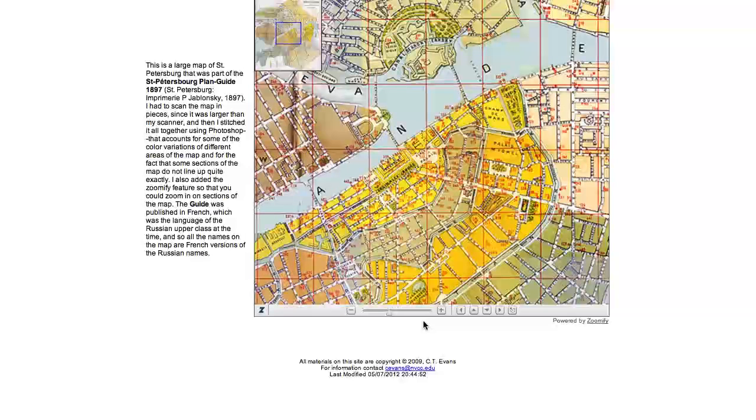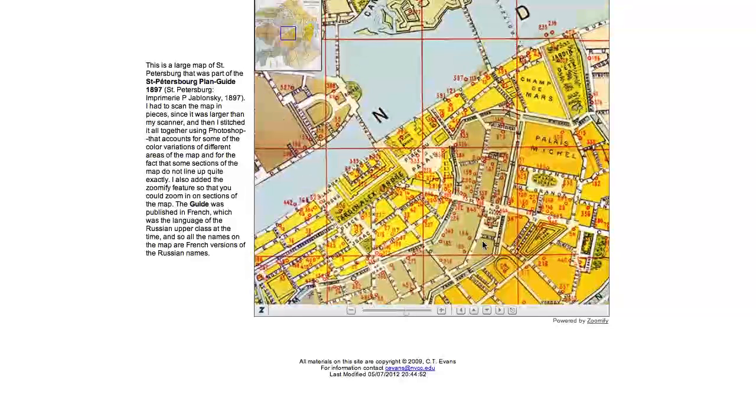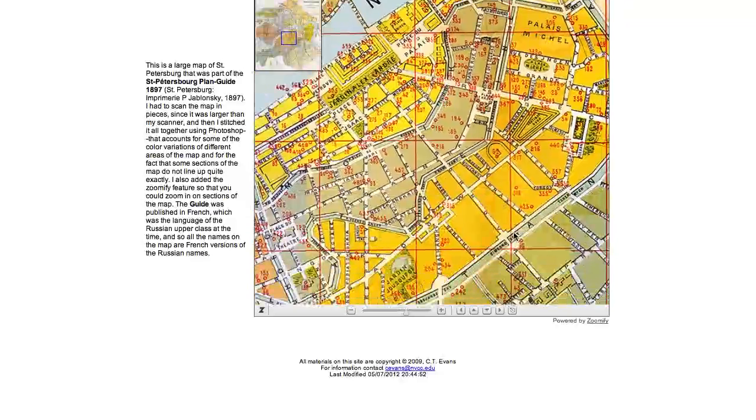I estimated the approximate dimensions at 24 by 30. To make it into some sort of digital form that I could put on the web, I had to scan each section of the map and then use what's called a stitching feature to stitch those sections together, to make it into a map that can be viewed and manipulated on the web.